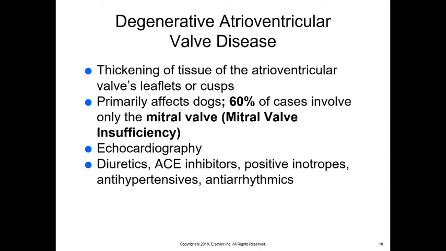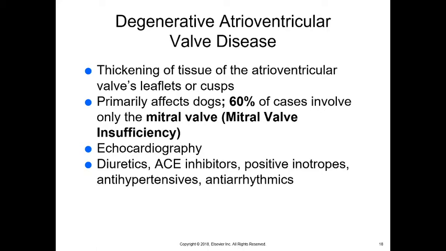Degenerative atrioventricular valve disease. So this is most commonly mitral valve insufficiency or mitral valve disease in dogs. And what happens is those valves become warped. If you've ever lived in an older house, a door that won't close or is hard to open. And so it's a thickening of the tissue of the leaflets.